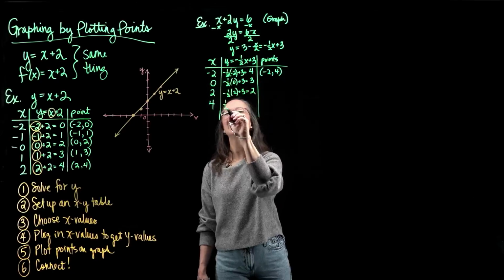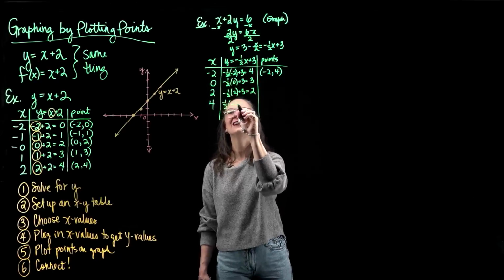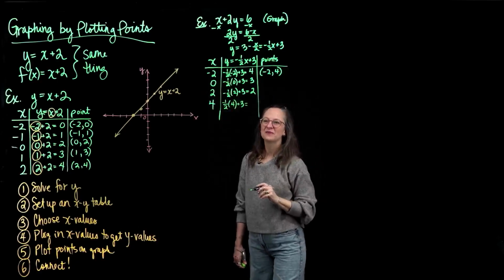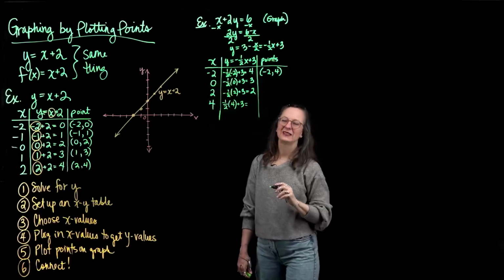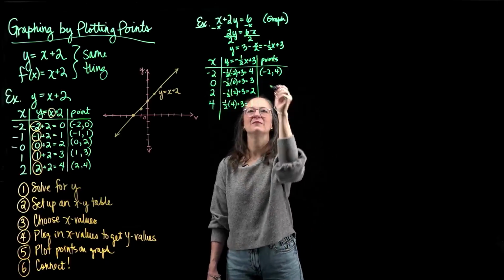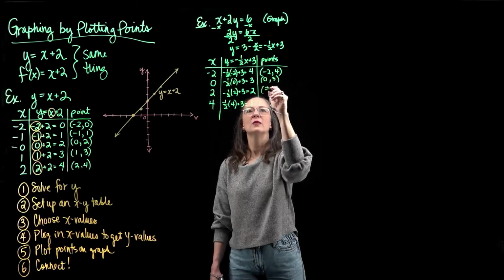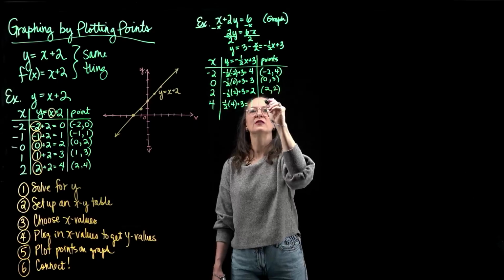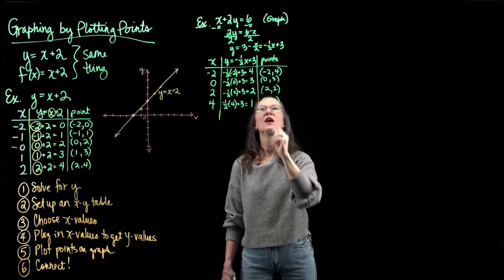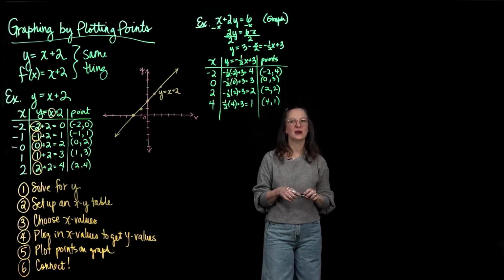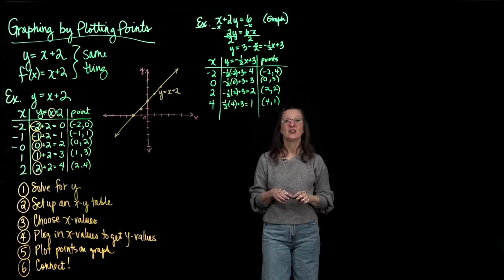And when x is equal to 4, I have negative 1/2 times 4, which would be negative 2. Negative 2 plus 3 is 1. All right, so the points that we found were negative 2, 4, 0, 3, 2, 2, and 4, 1.